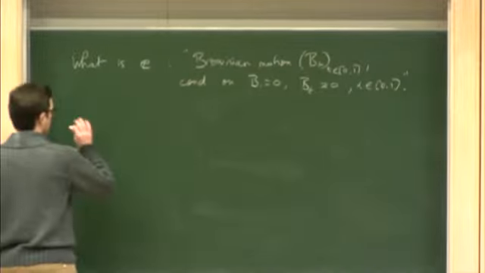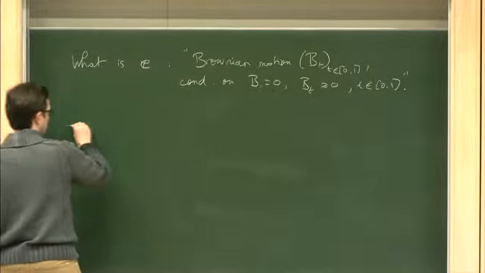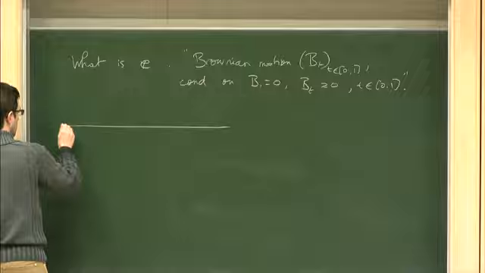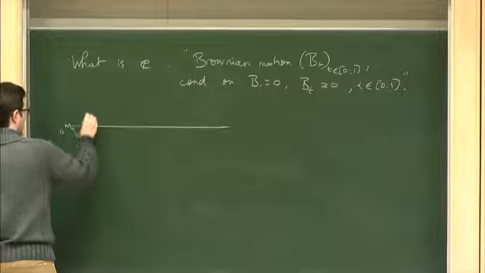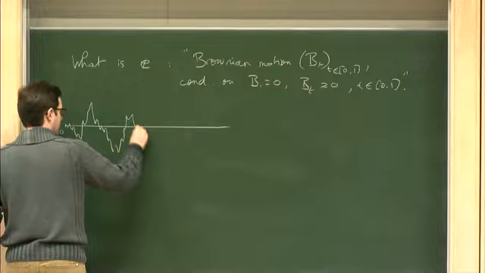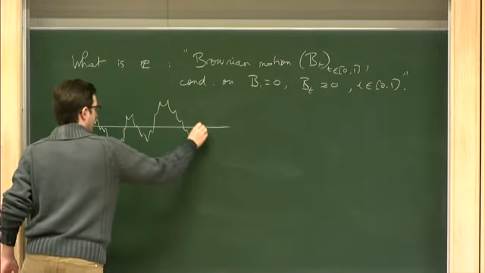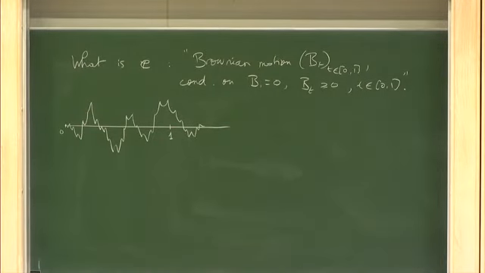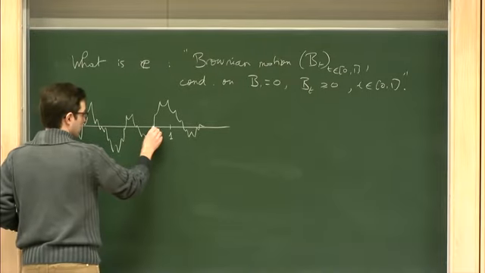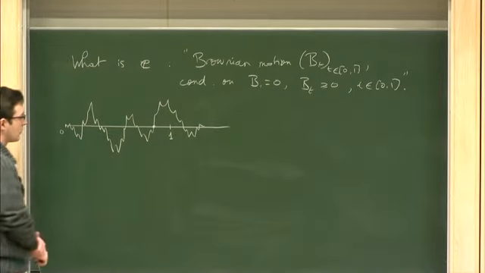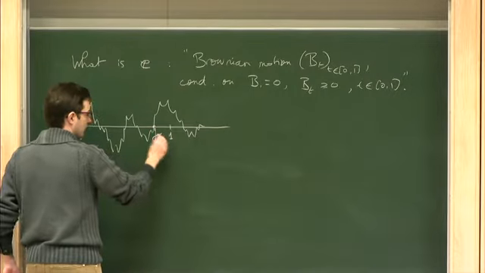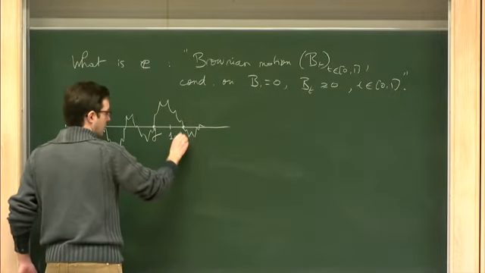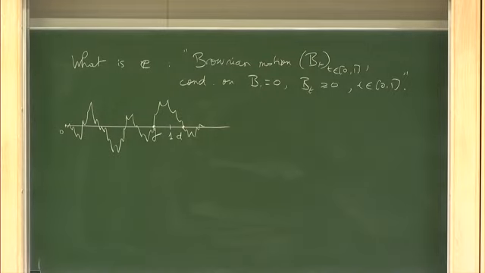However, one way to construct E is to take a path of a Brownian motion. So you take a path of a standard Brownian motion, and you look at the last time before 1 where this path was equal to 0, and call this point, for instance, G. And you look at the first point after 1 where the path is back to 0.